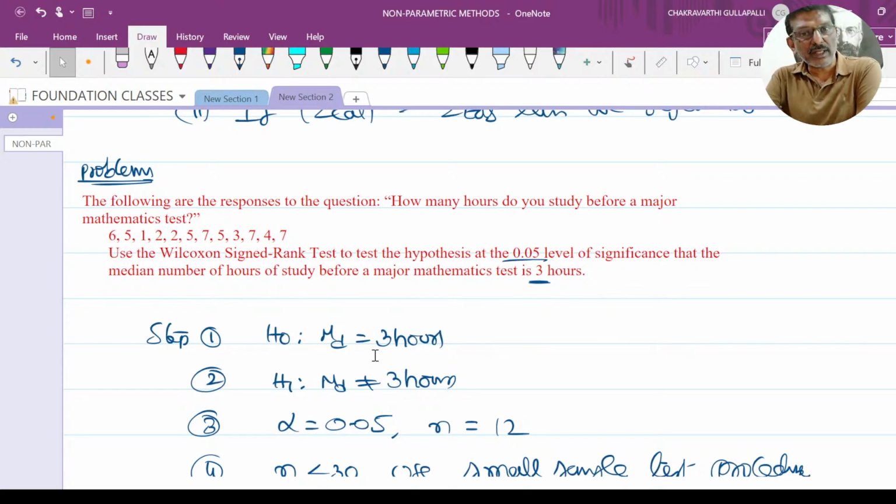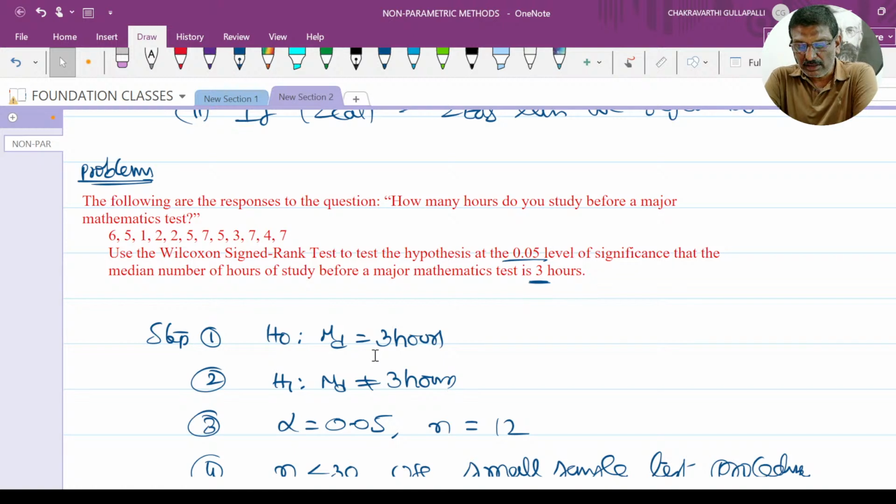One student responded 6 hours, another 5 hours, the last student 7 hours. Use the Wilcoxon signed rank test. You can apply any test, but the signed rank test is useful for this problem, to test the hypothesis at the 5% LOS that the median number of hours of study before the major mathematics test is 3 hours.